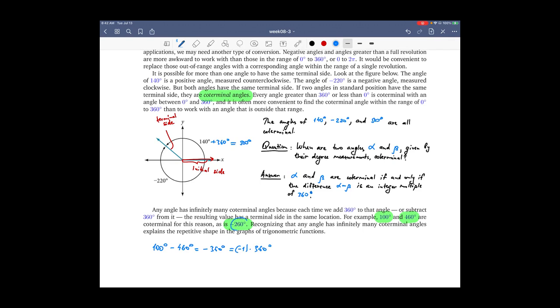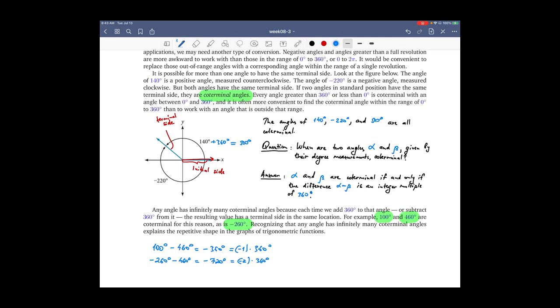Negative 260 and 460 are coterminal because, again, negative 260 minus 460 is negative 720, and that's negative 2 times 360, which is also an integer multiple of 360 degrees.